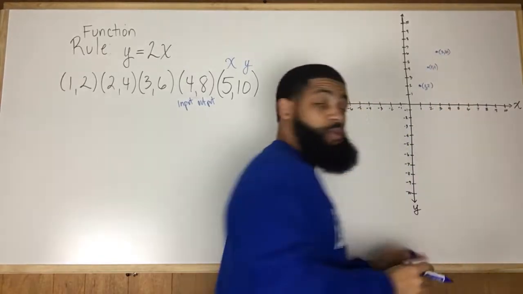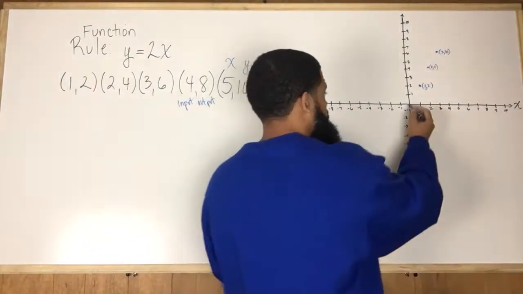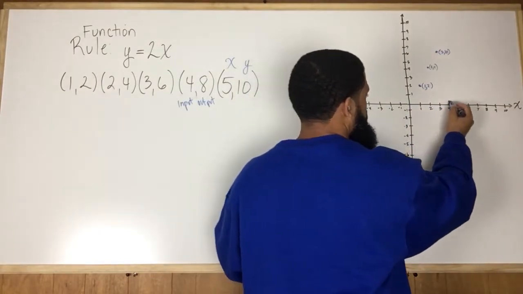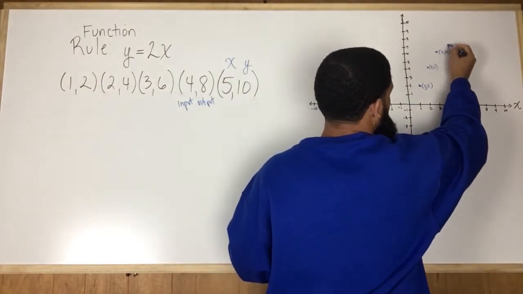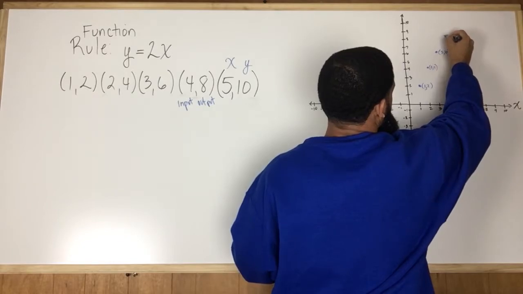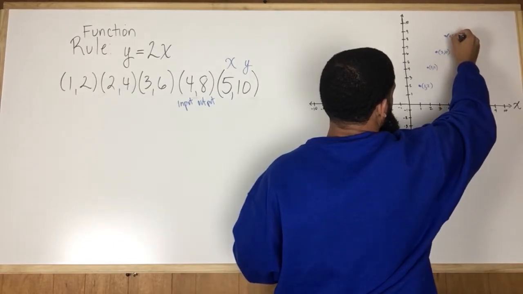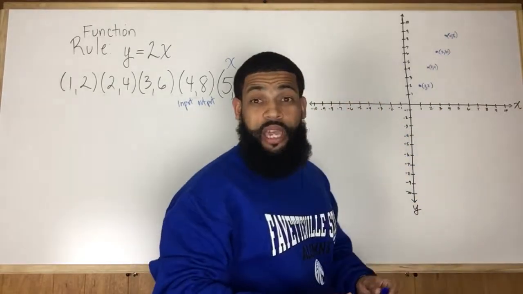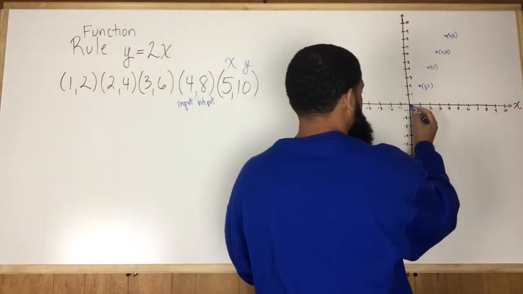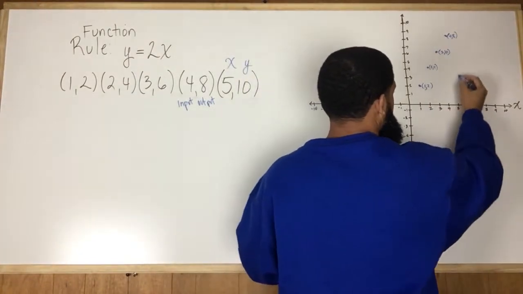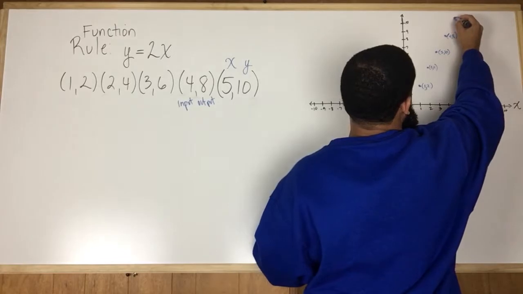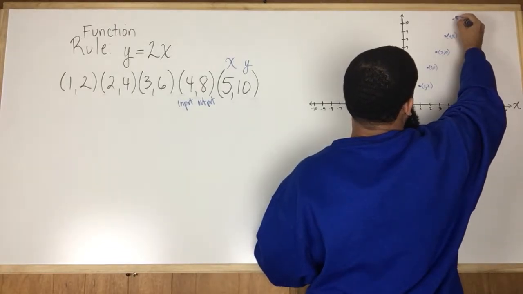All right, then we have 4, 8. We go from 0, go to the right 4, go up to 8. And then last but not least, we have 5, 10. All right, so we go 0, over to 5, up to 10.